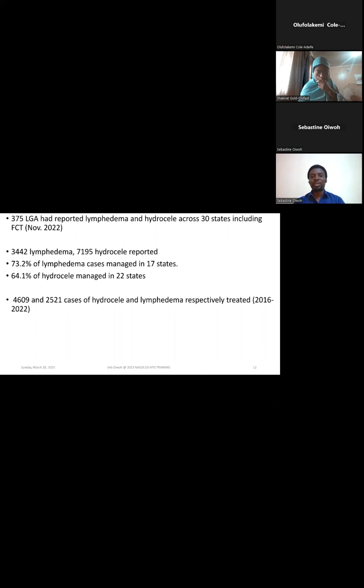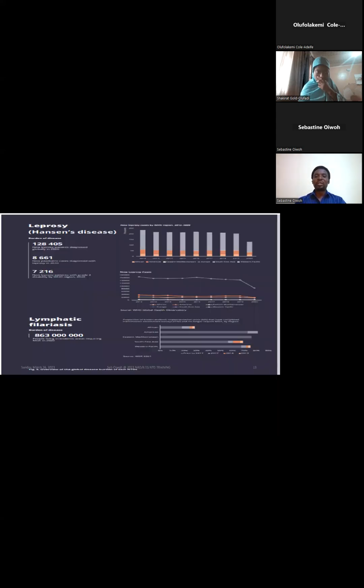Of course, with respect to the treatment over the preceding 5 years, we would see markedly more than 4,000 and more than 2,000 respectively for hydrocele and lymphedema. Of course, it's good to also note that globally, about 863 million people in 47 countries are at risk of lymphatic filariasis and will require preventive chemotherapy.